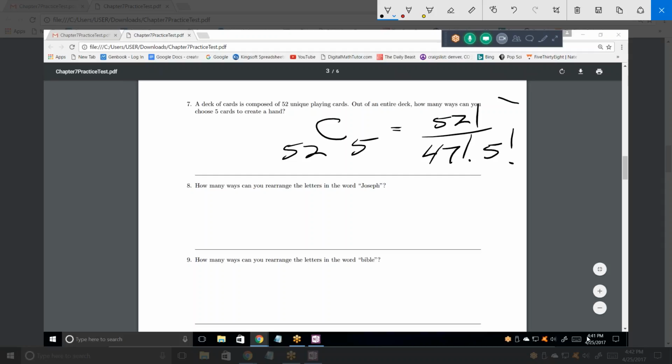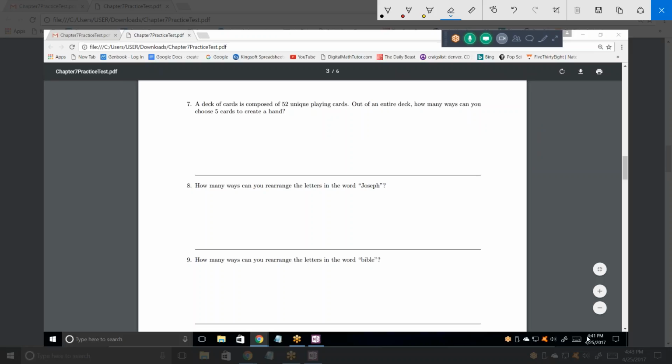But as long as they said we could leave our answers like that, then that's your answer right there. They said you can leave your answers in factorial. In other words, they don't need you to give them the number, unless they say to. It's multiple millions of hands, different ways you can get 5 cards out of a 52 card deck.